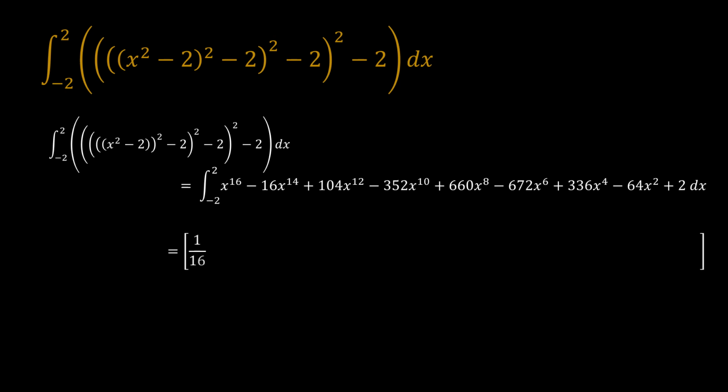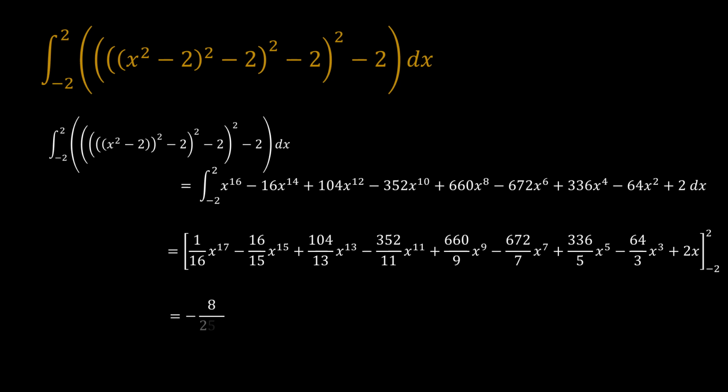So when you integrate that, you get this very long expression. And then you plug in the limits, minus 2 on the lower side and 2 on the upper side, you get negative 8 over 255.